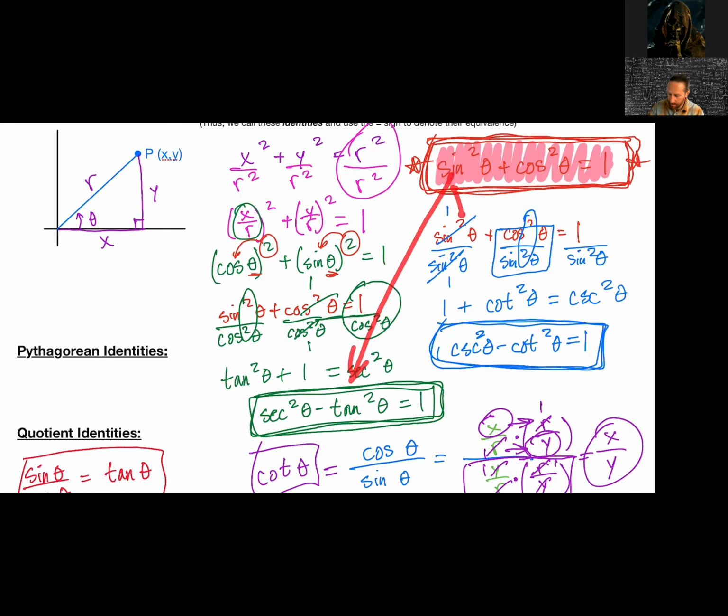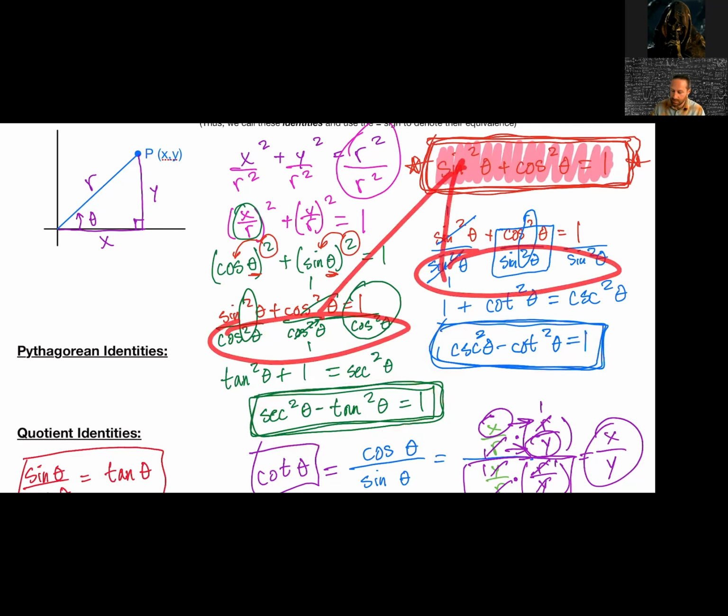Because you can get the other two by simply dividing everything by a sine squared or a cosine squared. And that will give you the others. Okay, will it be faster to just have these memorized than having to do this and that to these to get those? Absolutely. So the more you memorize, the faster and easier things will be for you.